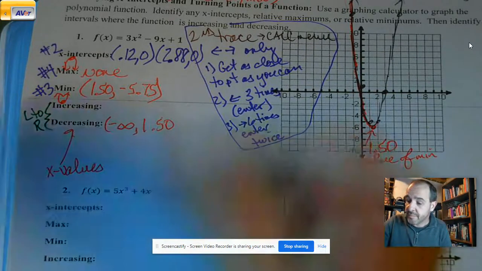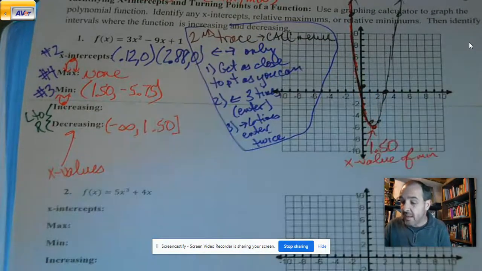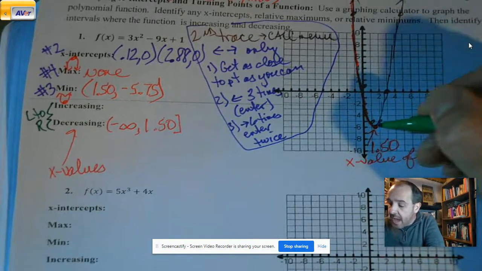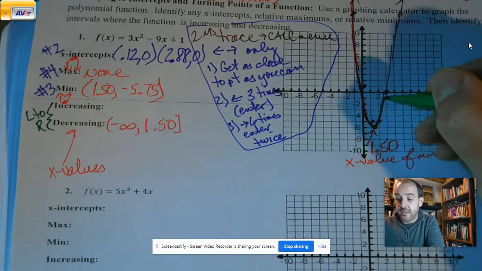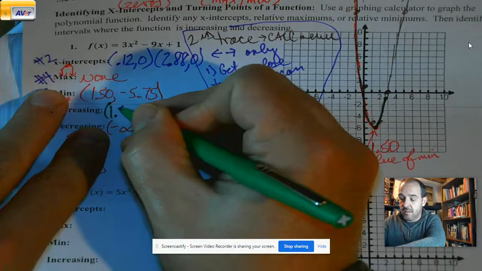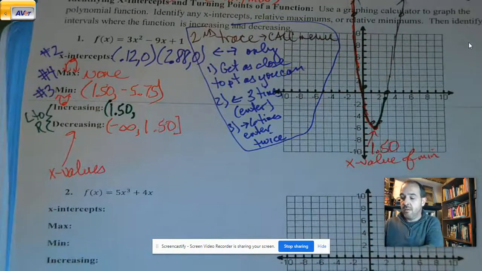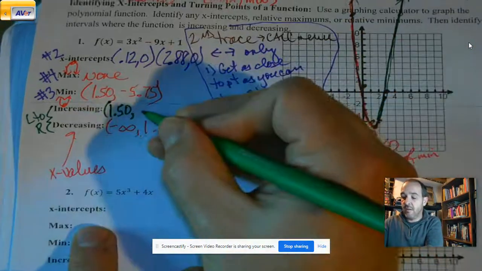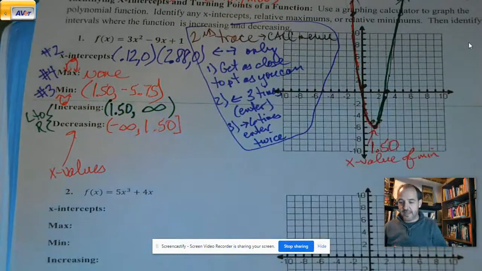Okay. Then what happens? Starting when I hit that minimum, I'm increasing and I keep increasing forever. I don't start decreasing again.